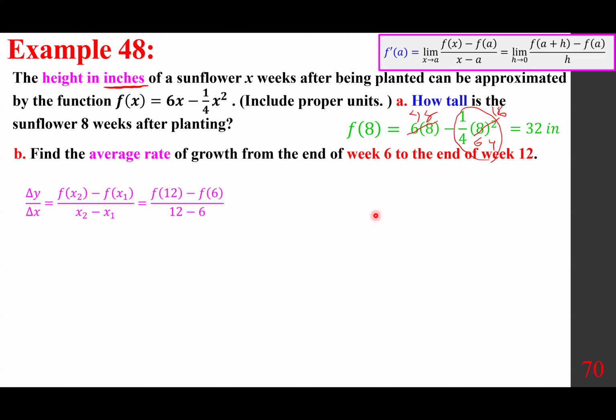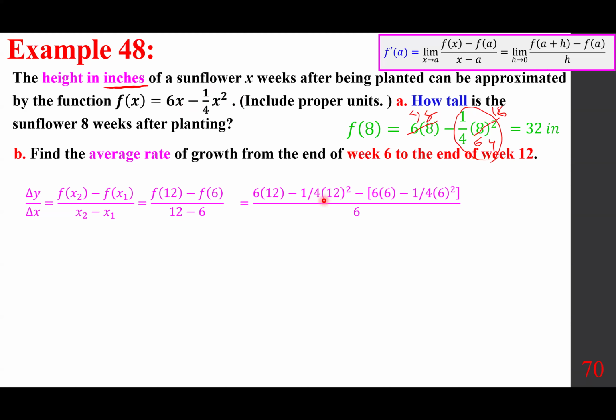So the denominator is obviously 12 minus 6, which is 6. F of 12, plug in 12, you get 6 times 12 minus 1/4 of 12 squared. F of 6, plug in 6, 6 times 6 minus 1/4 of 6 squared. 6 times 12 is 72.